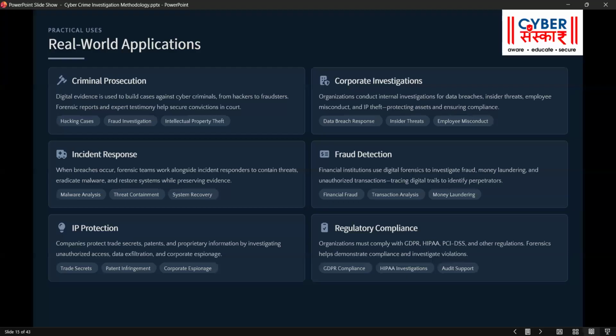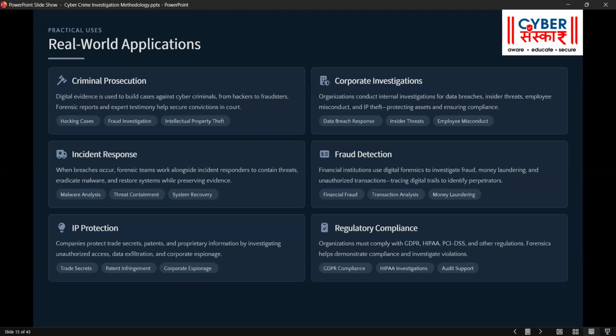That advantage is taken by the advocates who know something about cyber crimes. That leads to acquittal, and the accused person is released from the court. So it is very difficult to help in the conviction of the accused person. Next is incident response.